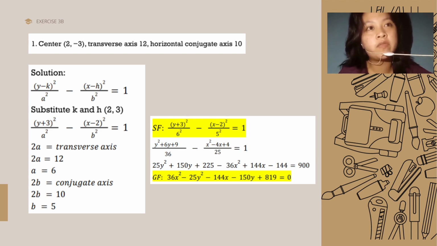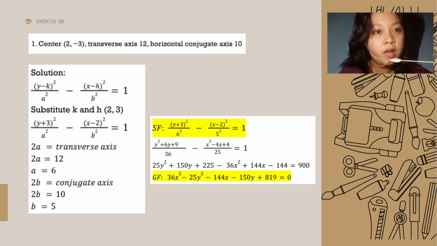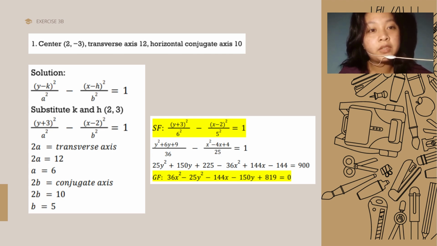So, in order for us to find the general equation, we need to combine like terms. Unahin natin syempre ang x squared. Ang value niyan ay 36x squared minus 25y squared.